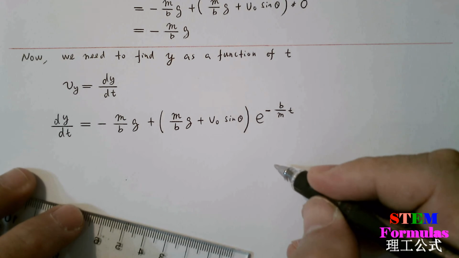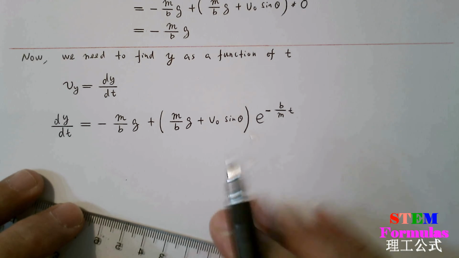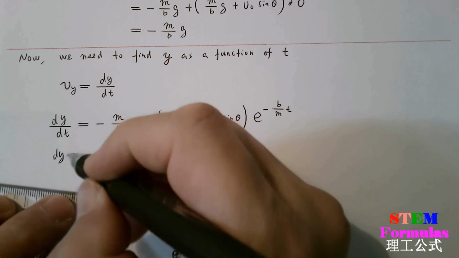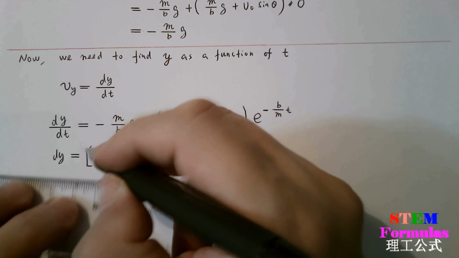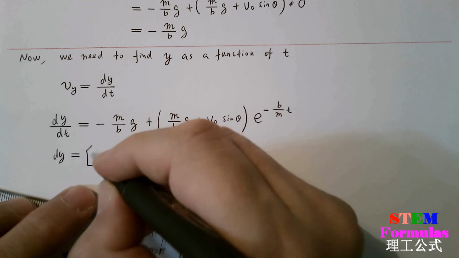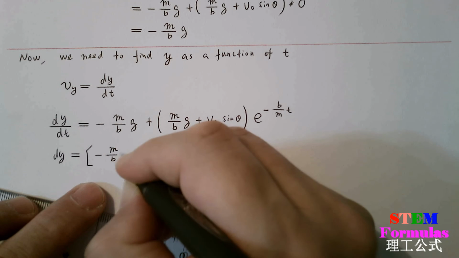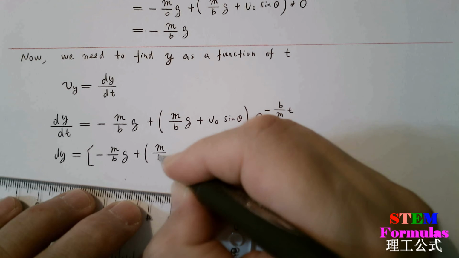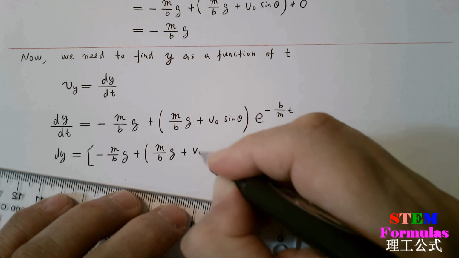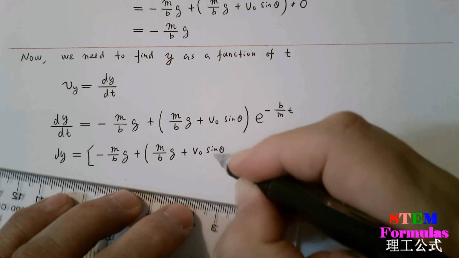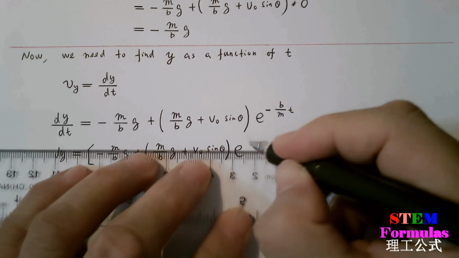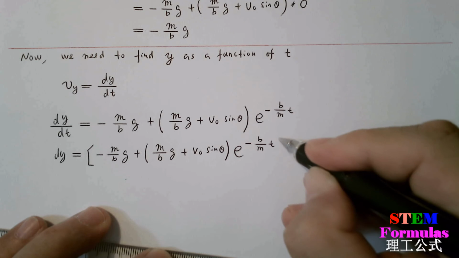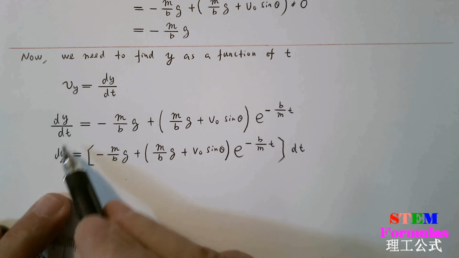And we move dt to the right. So I have dy equal minus m divided by b times g plus bracket m divided by b times g plus v0 sine theta e to the power minus b divided by m t and bracket dt.